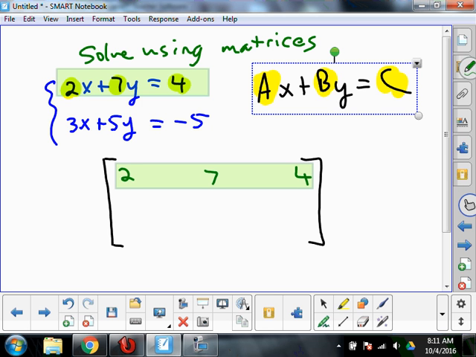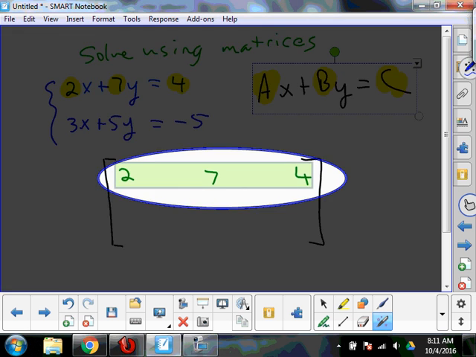So what this says is that we have some kind of equation, 2x plus 7y equals 4. Or maybe 2a plus 7b equals 4. Make a little bit of sense so far?